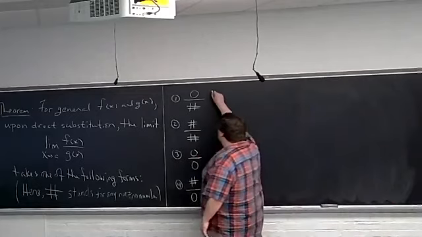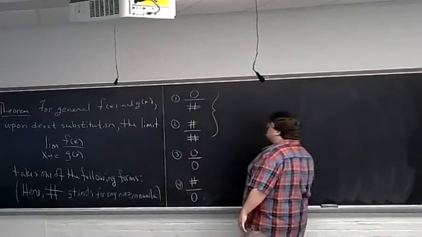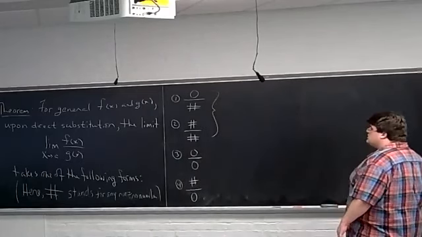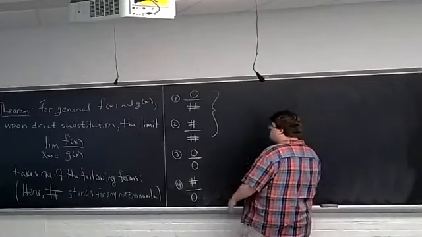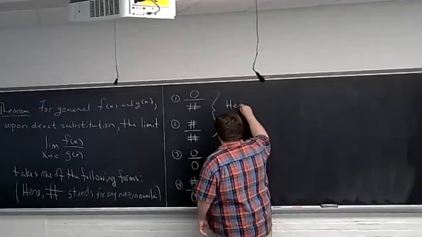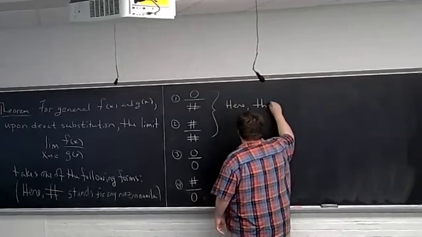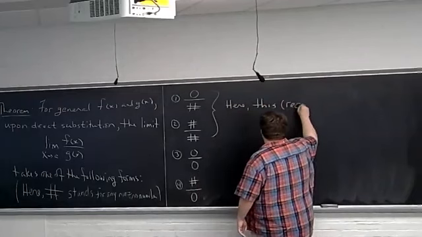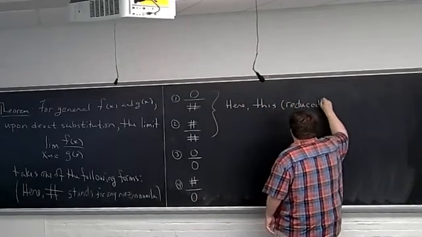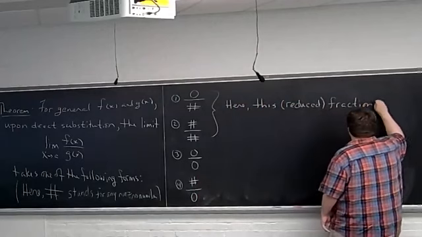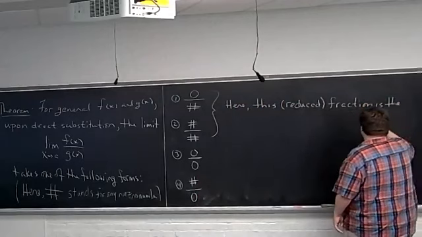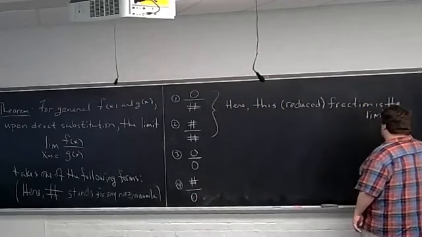Well, in these first two cases, 0 over a non-zero number is 0. Number over number is a number. So here, this reduced fraction is the limit in question.